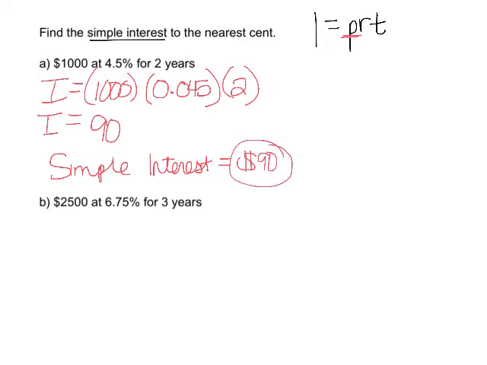So if you borrowed $1,000 and you plan to pay it back in 2 years at 4.5%, you would have to pay that $1,000 back plus the $90. Go ahead and pause the video, and I want you to try the next one on your own.